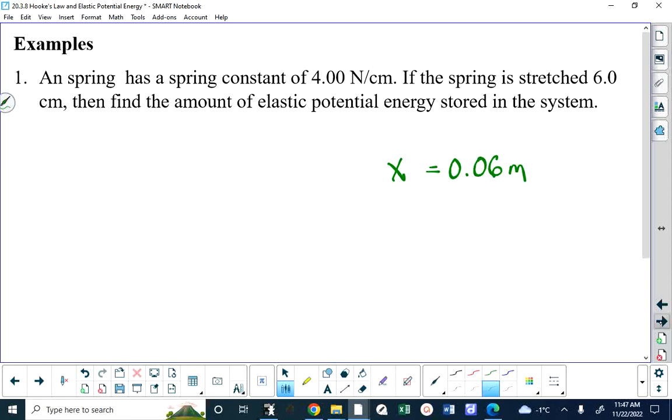And the spring constant is 4 newtons per centimeter. How many newtons per meter would it be? This is a little tricky. Anybody want to stick their neck out on this one?